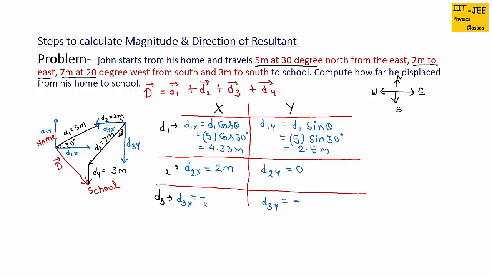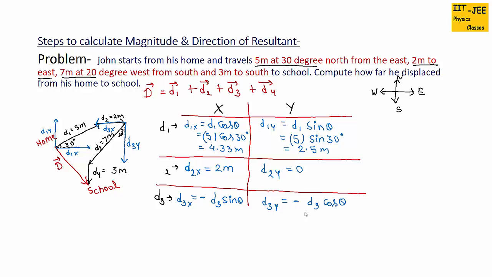So we have to put negative sign before the equation, and D3y equals D3 cos theta and D3x equals D3 sin theta. Here you can see y component has the cos and x component has sin. Why? You might remember we have discussed in vectors part 3 that the component adjacent to the angle would have cos. Like here D3y is adjacent to angle 20 degree, so it would have the cos and another component would have the sine.